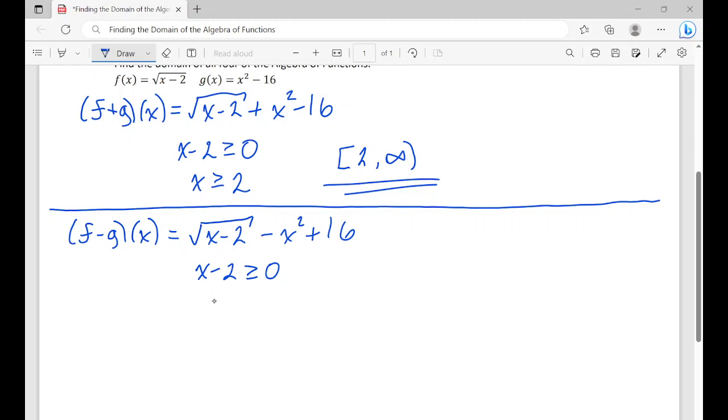Then just solve for x. x is greater than or equal to 2, which is the exact same thing we had before, which means because there's all real numbers for the g function and a restriction for the square root function for f, x having to be greater than or equal to 2, we want the intersection of those two. So the domain again is bracket 2 to infinity as the domain of the difference.